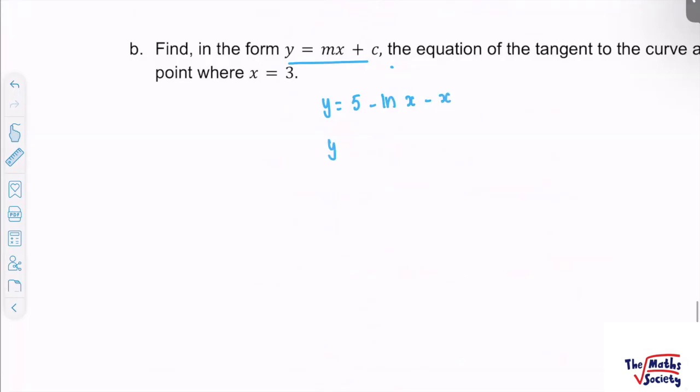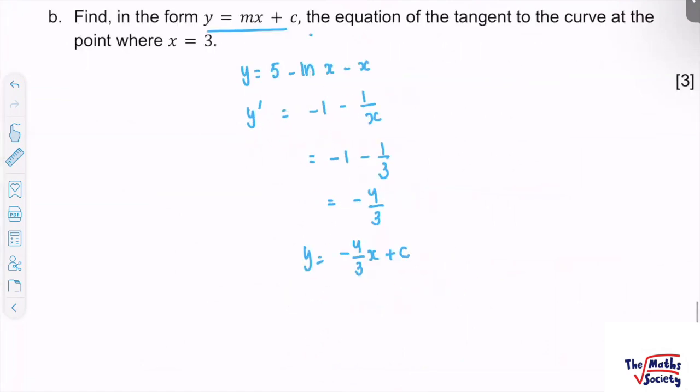So if you go y prime, which is going to be minus 1 by x. And your equation of the tangent, that's minus 1 at 3, so minus 1 by 3, so that's going to be minus 4 by 3. So y is equal to minus 4 by 3 x plus c.